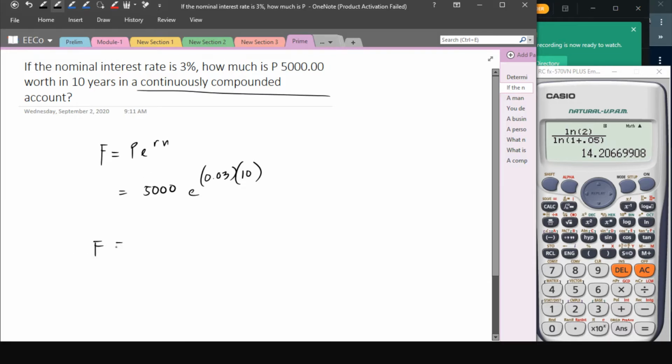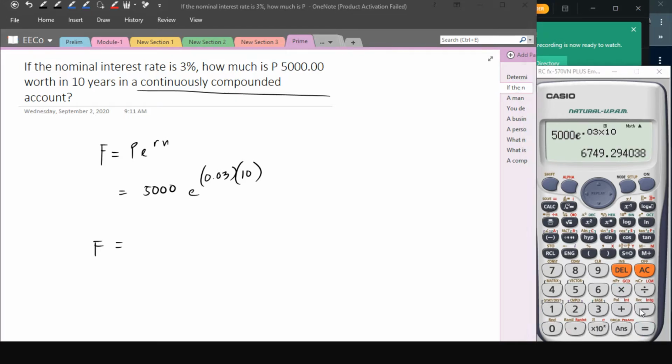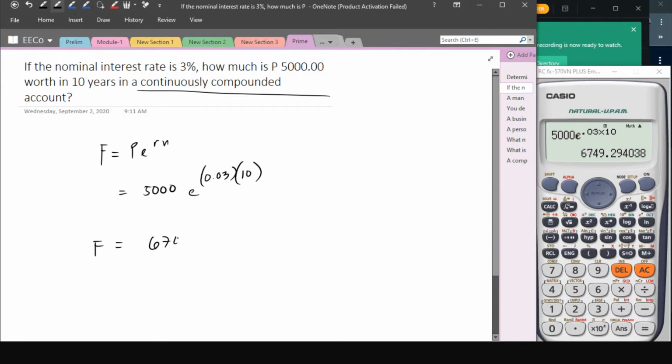So, future amount is 5,000, tapos, shift e raised to 0.03 times 10. So, the answer is 6,749.29 pesos. Huwag niyong kakalimutan yung peso sign.